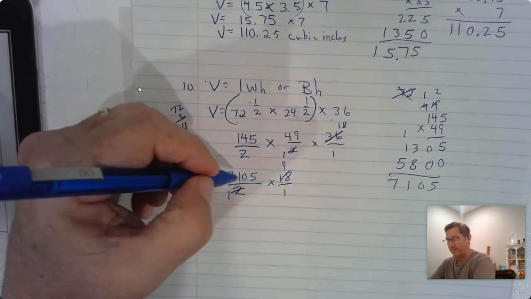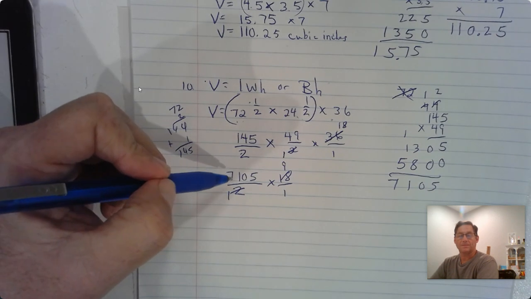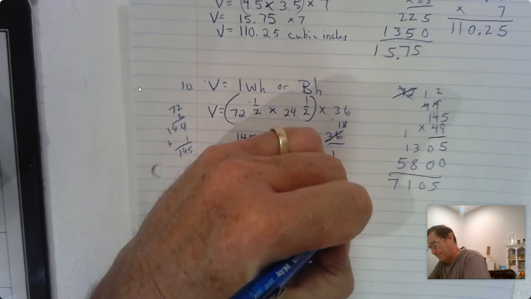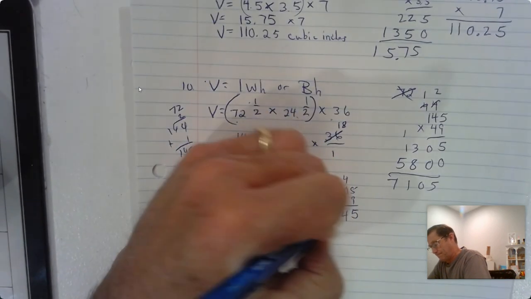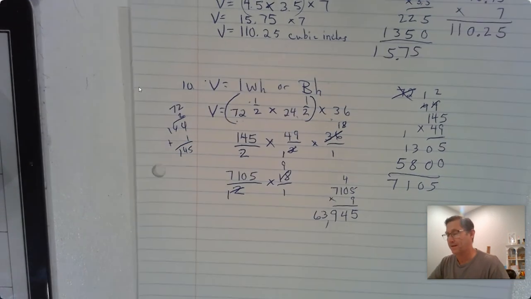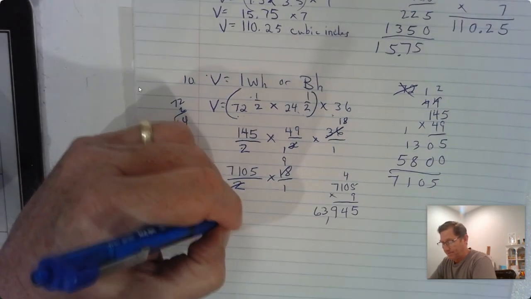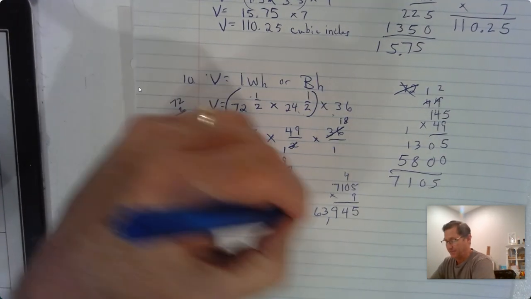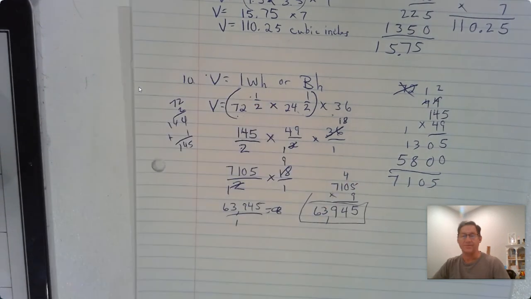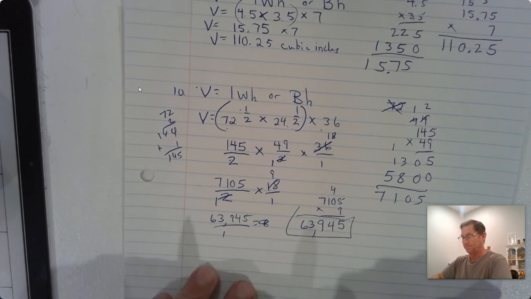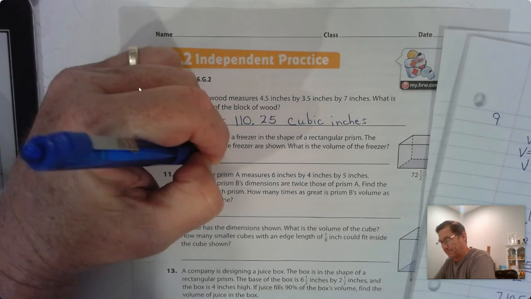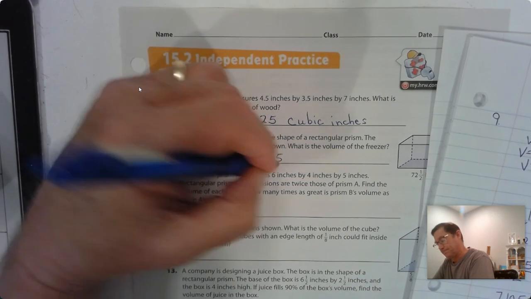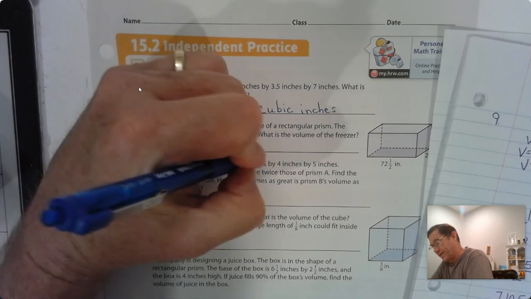So 7,105 times 9. So 63,945 over 1, which is just 63,945 cubic inches.